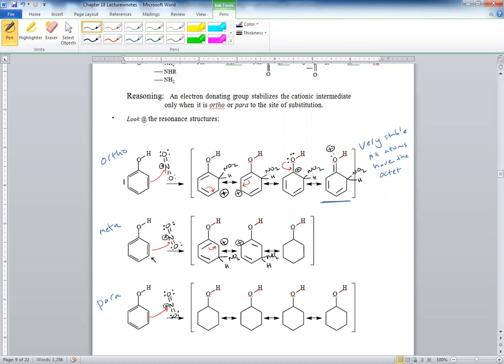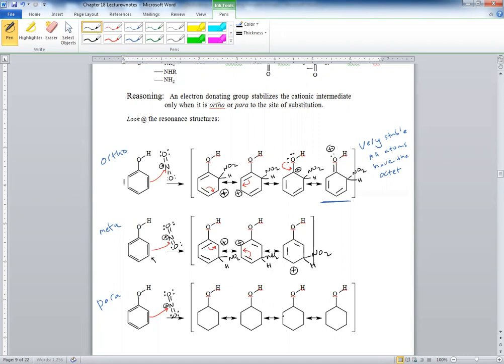And then, of course, one more would be moving these electrons over. Positive is down here. Here's NO2 and the H.